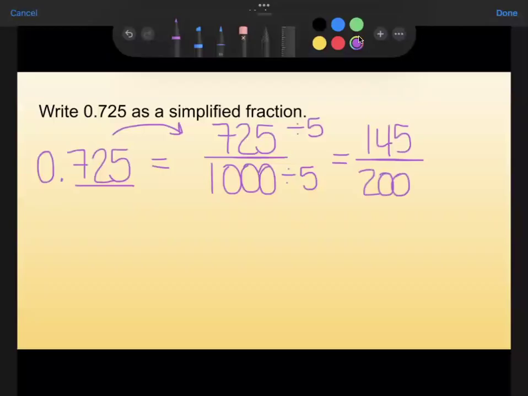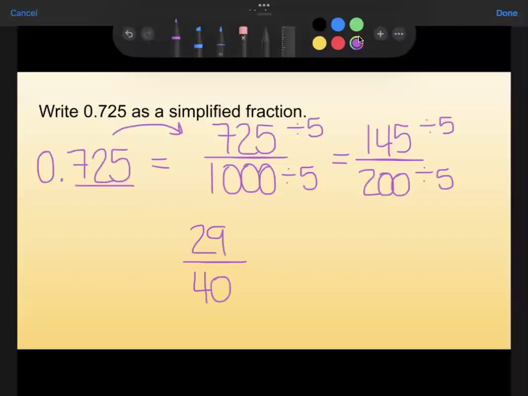Now, I noticed that both 145 and 200 also end in 5 and 0. So that means I could divide by 5 again. If I have 145 and I divide it by 5, I get 29. I'm going to write that down here, 29. And if I do 200 divided by 5, I end up with 40. Okay, so that's my next step of a simplified fraction.